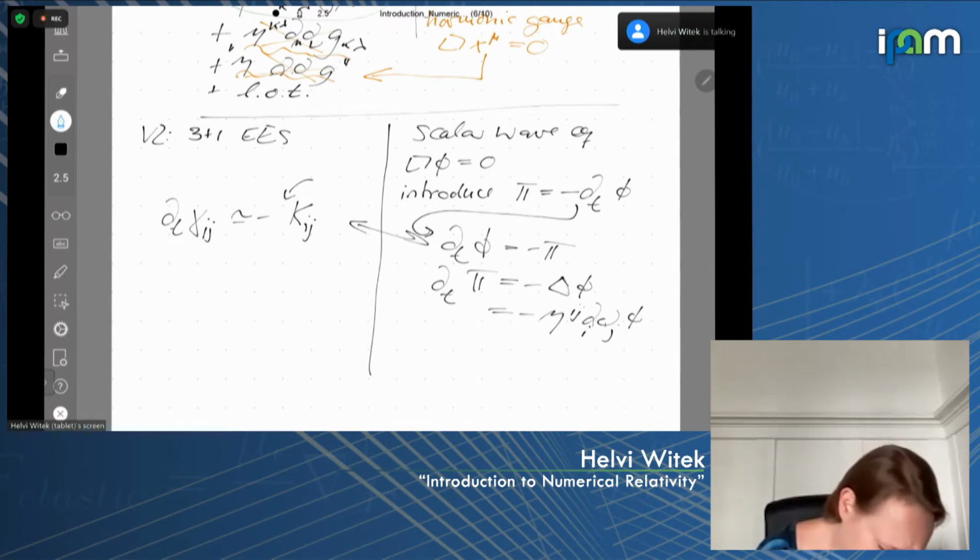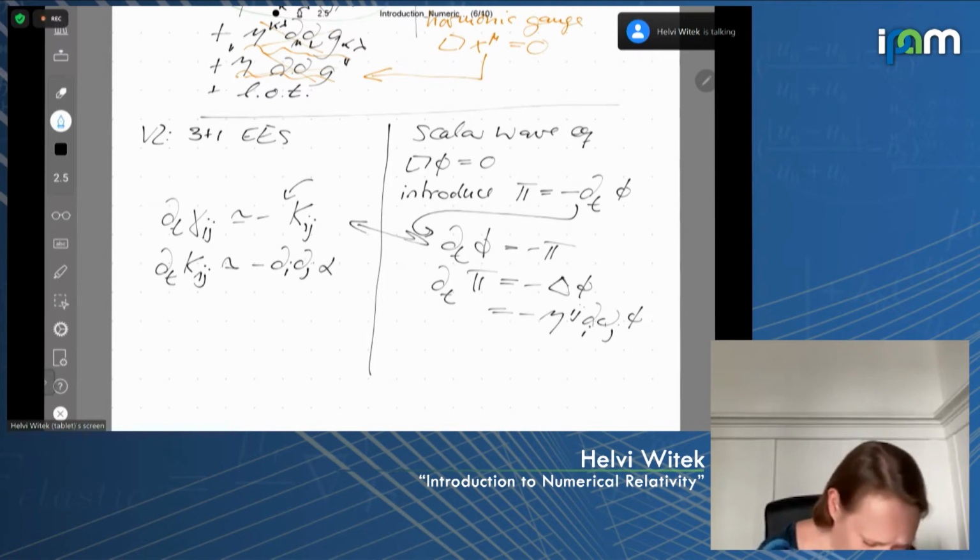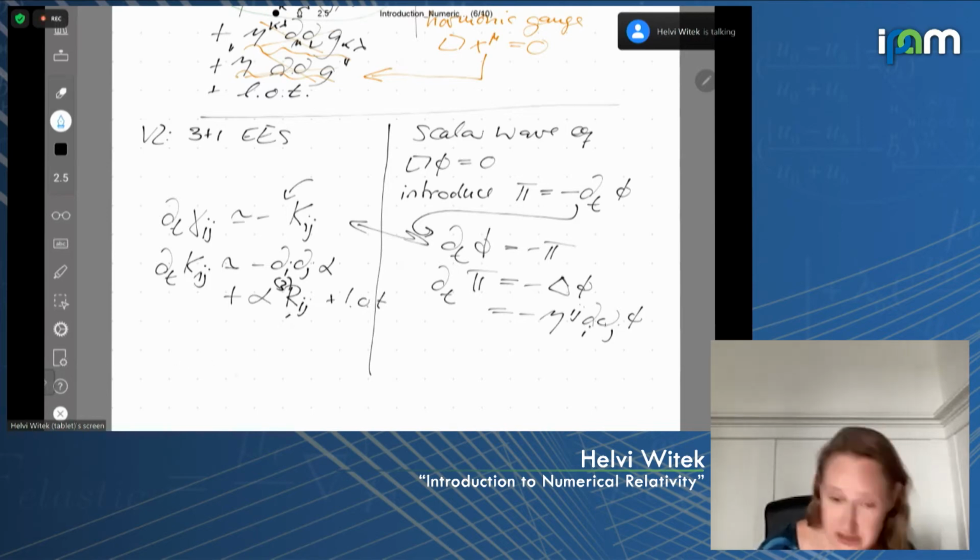But now if you look at the second equation, the evolution equation for the extrinsic curvature, what we have here is the second derivative of the lapse plus the lapse times the 3-Ricci tensor plus some lower order terms that I don't care about. So let me write out the Ricci tensor.